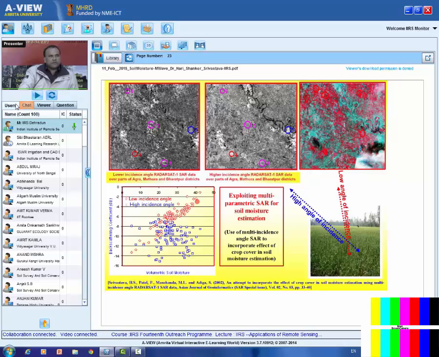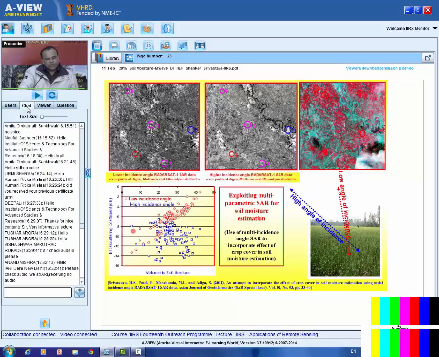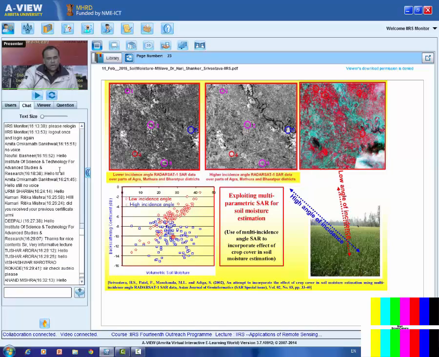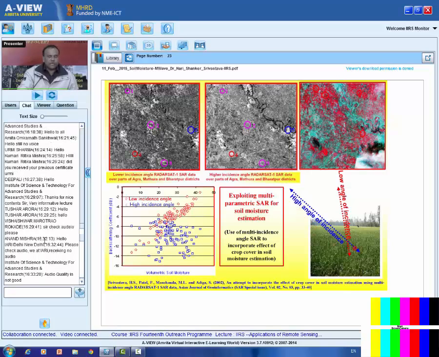That even in the presence of crop cover, low incidence angle microwave data is able to sense soil moisture. Whereas these blue points represent the backscattering coefficient acquired at high incidence angle, and because they are forced to travel a longer distance inside the vegetation medium, you can see that these points are not showing any relation with moisture.